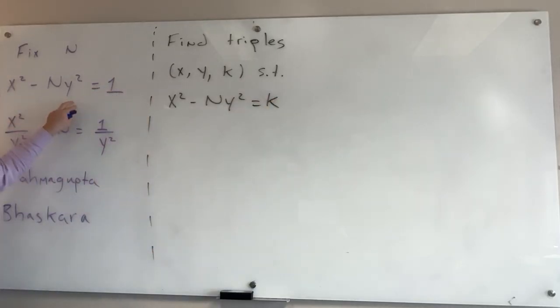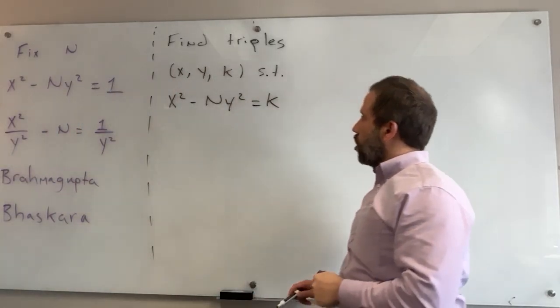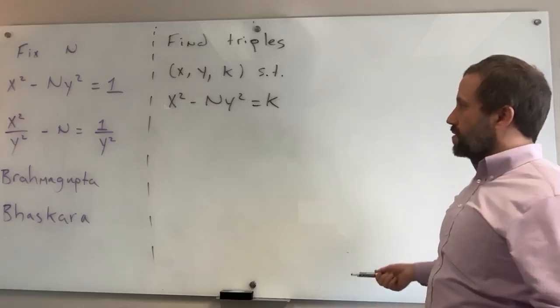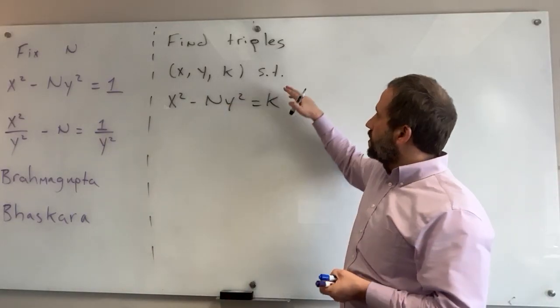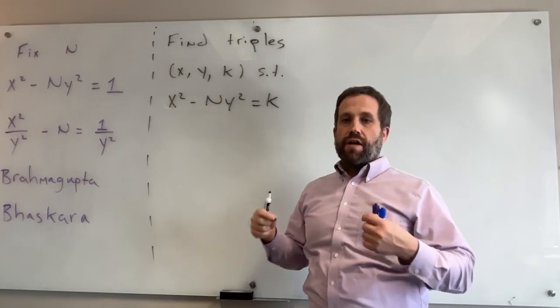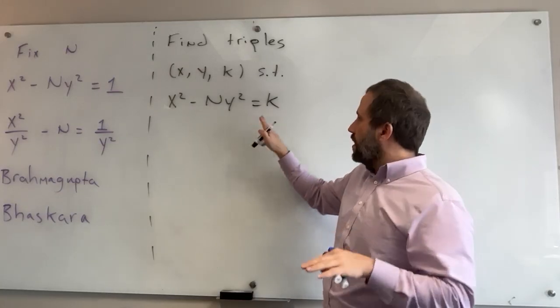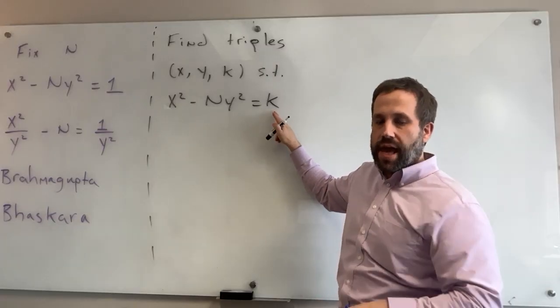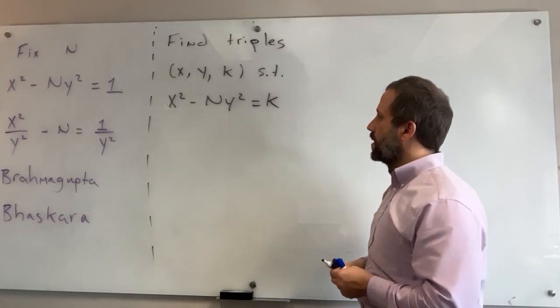So it's exactly like this problem, but instead of having a 1, we have a k. When we see the algorithm that he creates, we're going to see how we can take triples, modify them, and systematically reduce this k until we get to 1. It's more complicated than that, but that's the general idea.